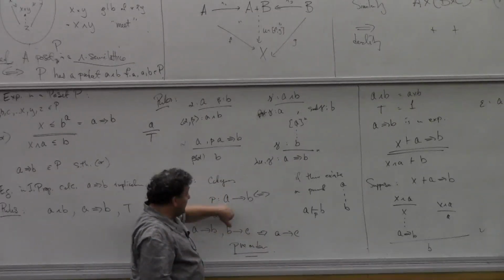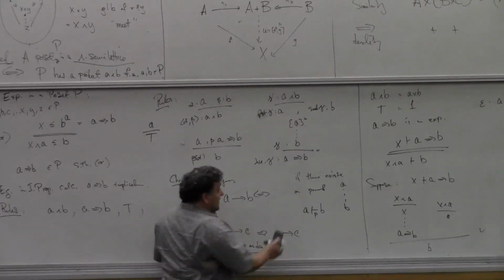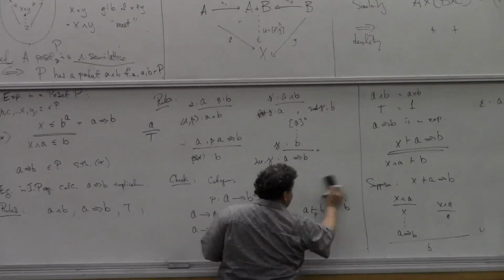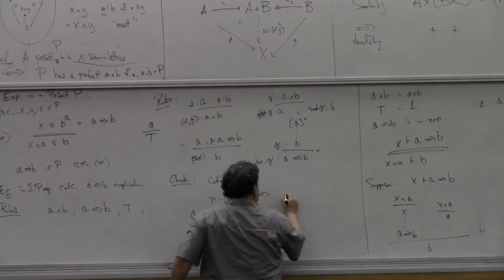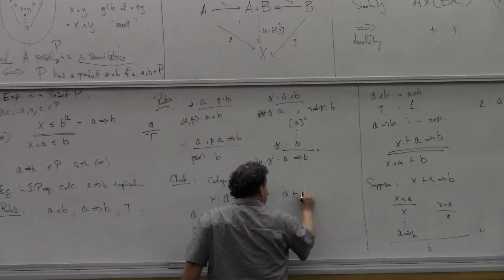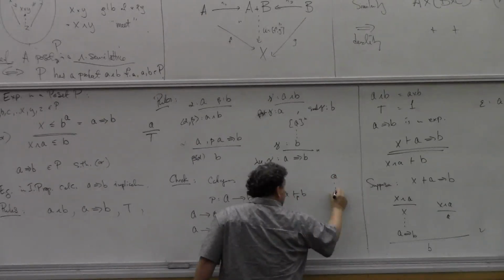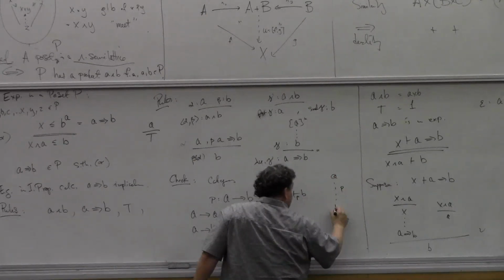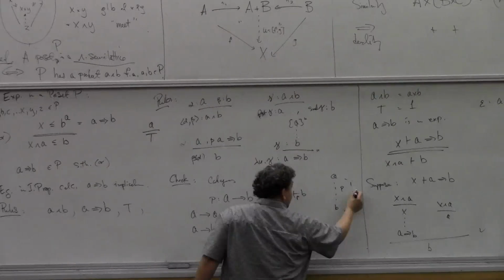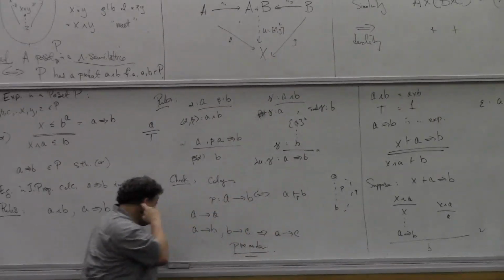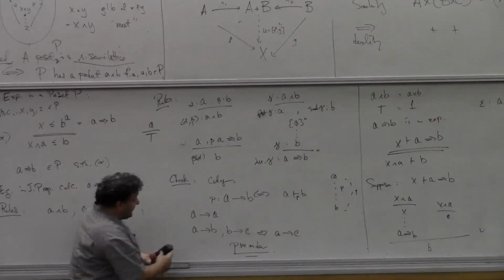I say P is an arrow from A to B if P is an actual proof of A to B. So I take A, and I take P here, and I have B. And there can be different ones, right? Q, and so on, and so on.